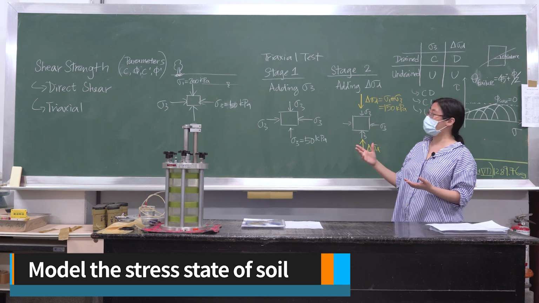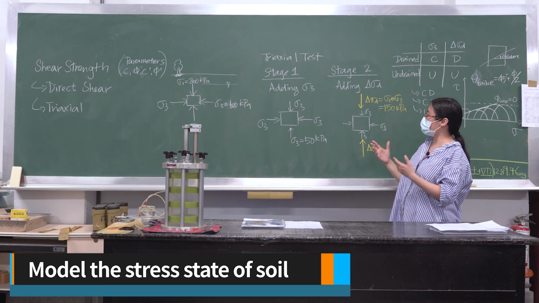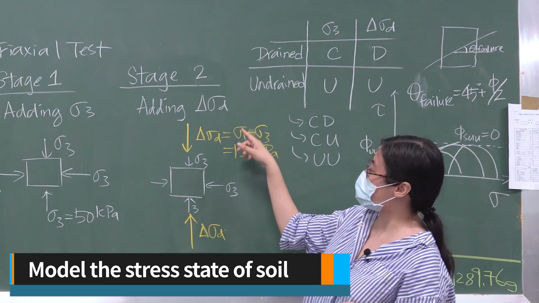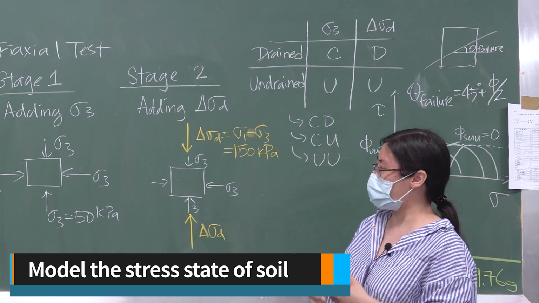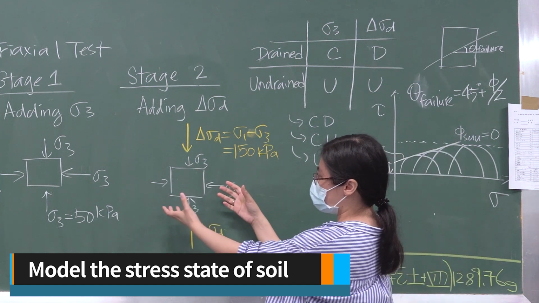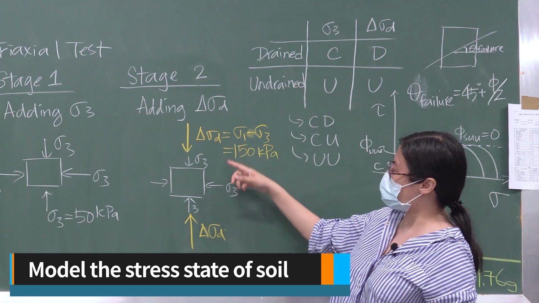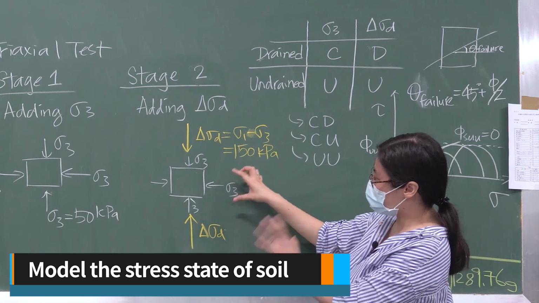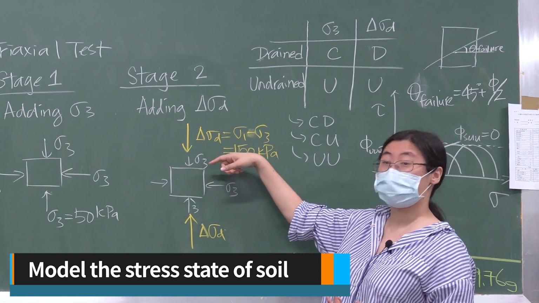What we can do is, during the second stage, add the so-called deviator stress, delta sigma d, to the soil. While keeping the confining stress, sigma 3, we can add the deviator stress axially. So you keep sigma 3, and then you add delta sigma d in the vertical direction.